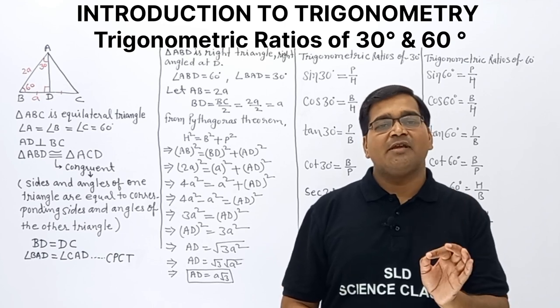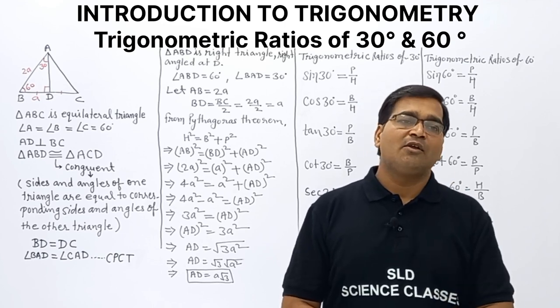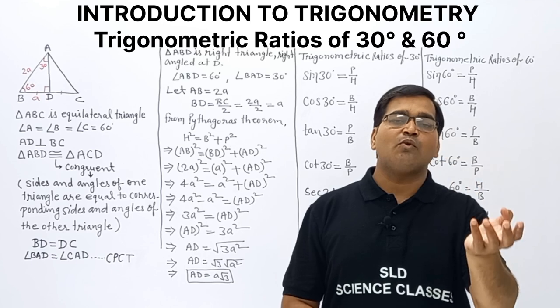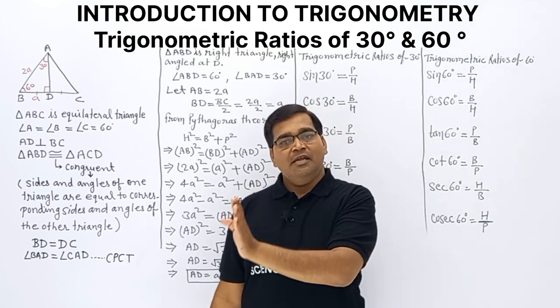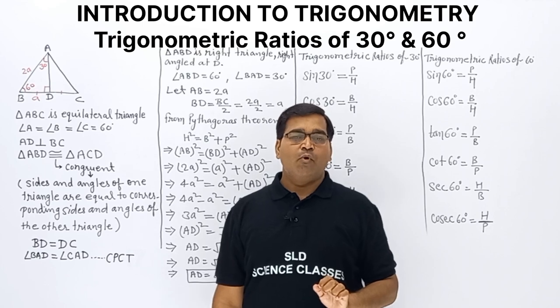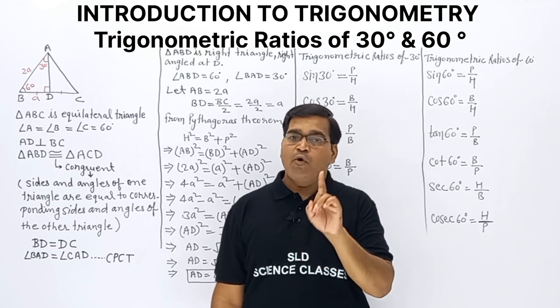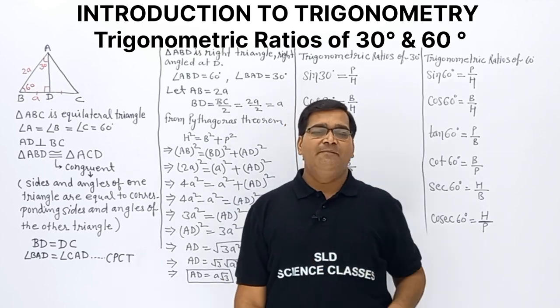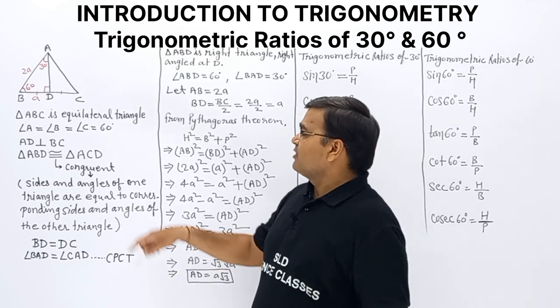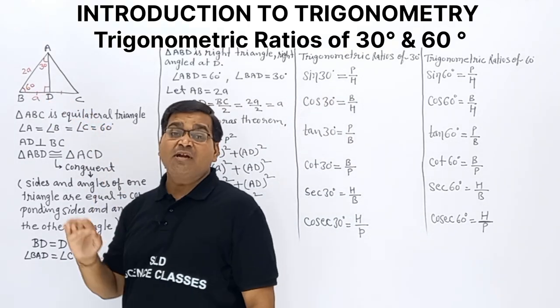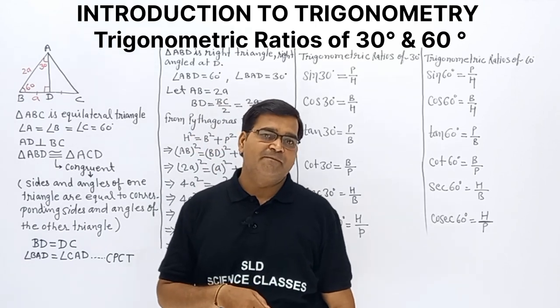In 45 degree we used a right triangle. One angle is 90 degree and the remaining two angles are acute angles and both are equal, 45 degree. We want 30 degree and 60 degree ratios of trigonometry. So 60 degree is this one, but how will we obtain the 30 degree?